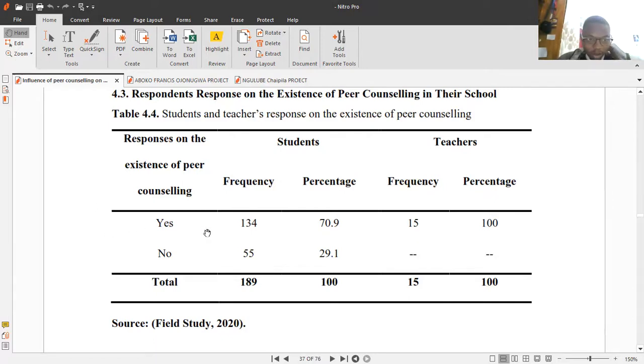So you can look at it: out of 189 students, 134 actually, which represents this percentage, said yes, they have counseling, but 55 students, representing this percentage, said no, there's no counseling. While the teachers, all of them actually said there is counseling, representing 100 percent.